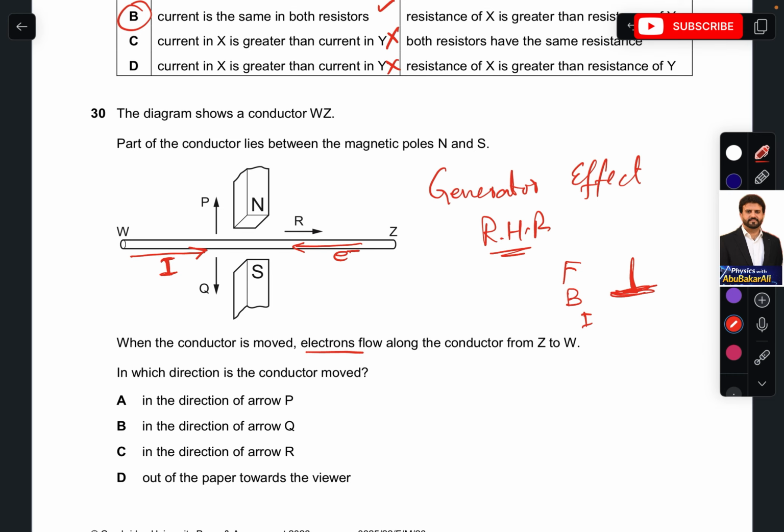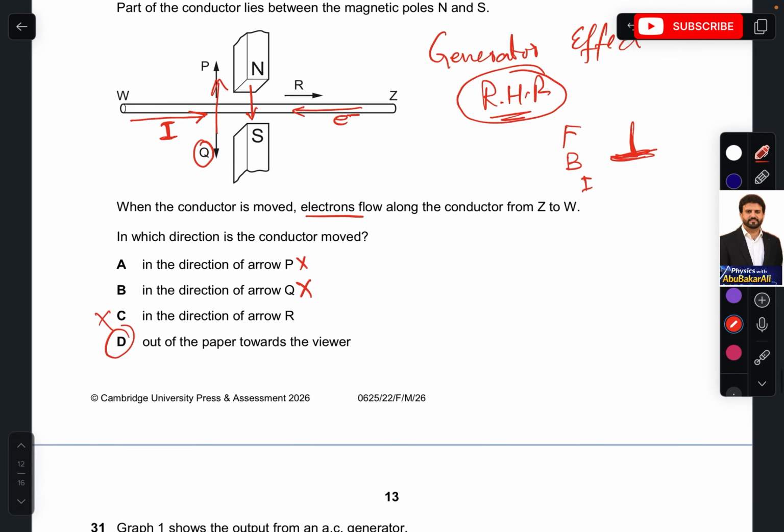So R is not the option. Secondly, the magnetic field is always from north to south, so it is in the direction of Q. The force will not be in the direction of Q, nor parallel or anti-parallel to it. So we are only left with this option. The other way is to apply the right hand rule and find it.